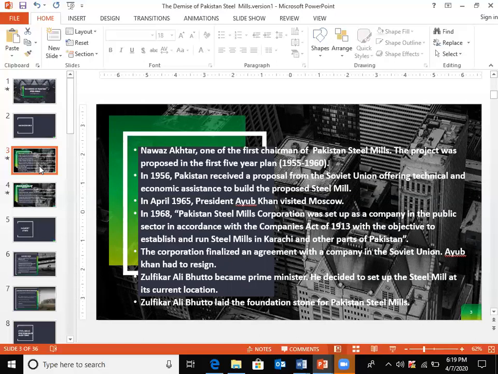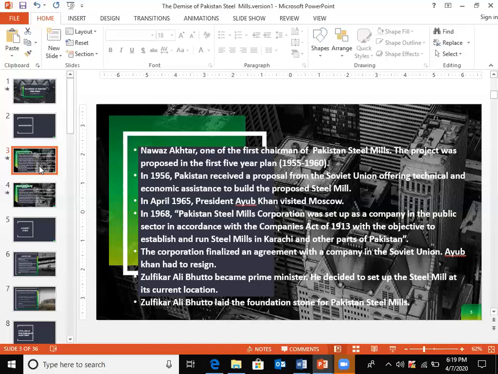So in order to facilitate and encourage that, it's very important to have a local steel mill. And with the steel mill, there are a lot of jobs that are generated. It fuels the economy. It requires raw materials, and so overall, there's a very positive impact of having a successful steel mill in a country. So, 1955 to 1960 was the 5-year plan in which the steel mill was proposed.